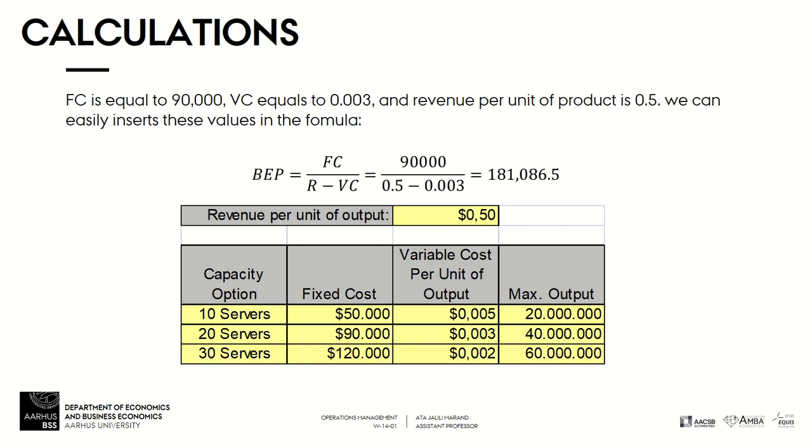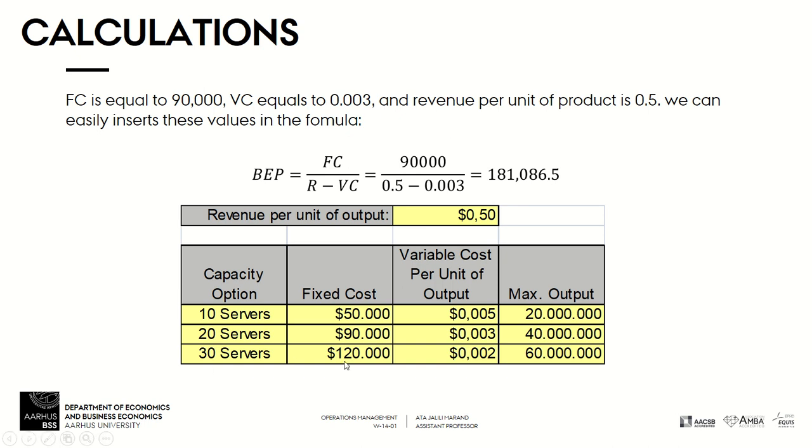For the second scenario with 20 servers, the fixed cost is equal to 19,000. And we have a variable cost equal to 0.003, and the revenue per unit of output is 0.5.